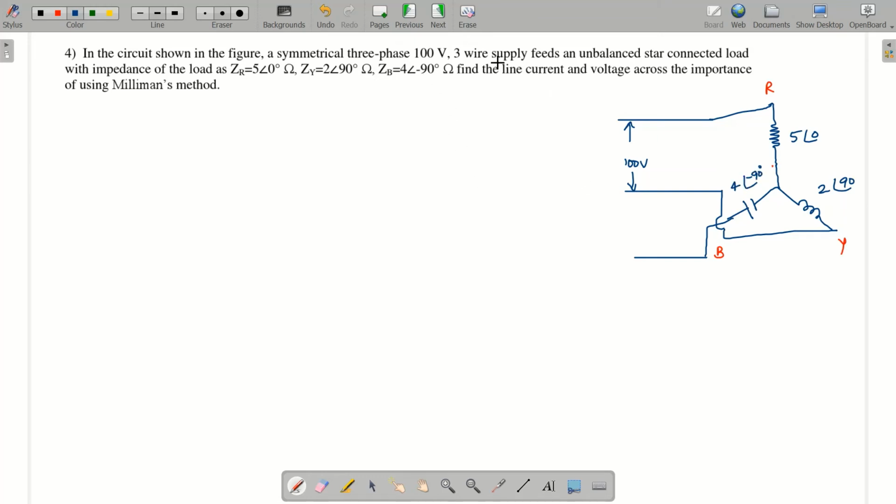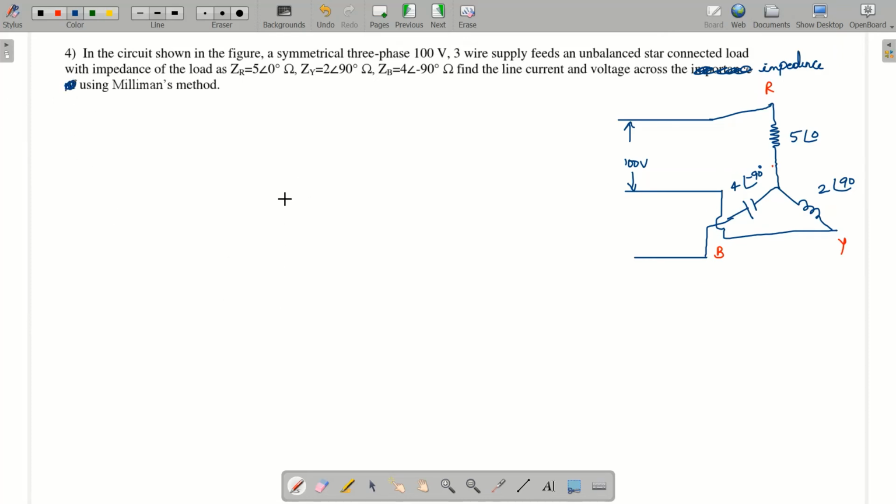Find the line currents and voltages across the impedance using Millman's theorem.